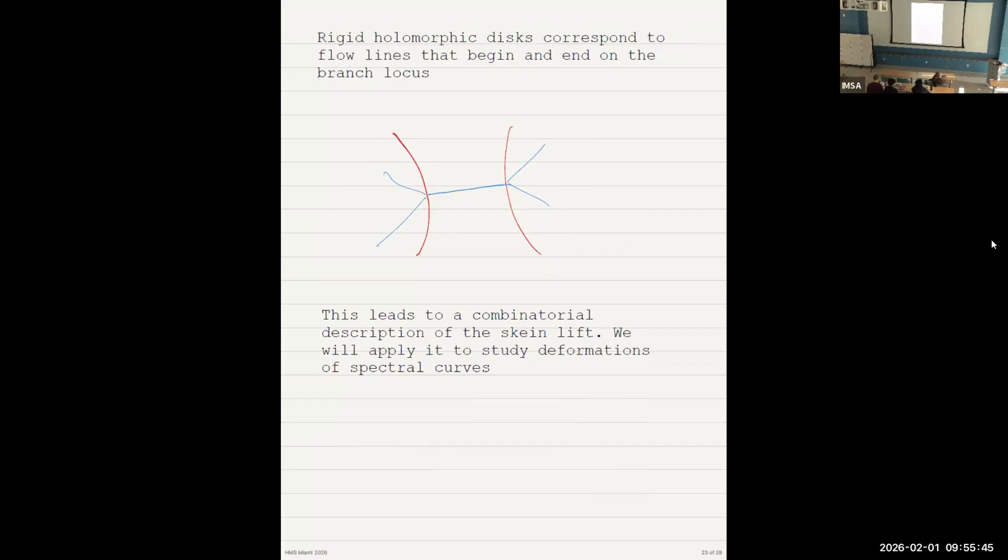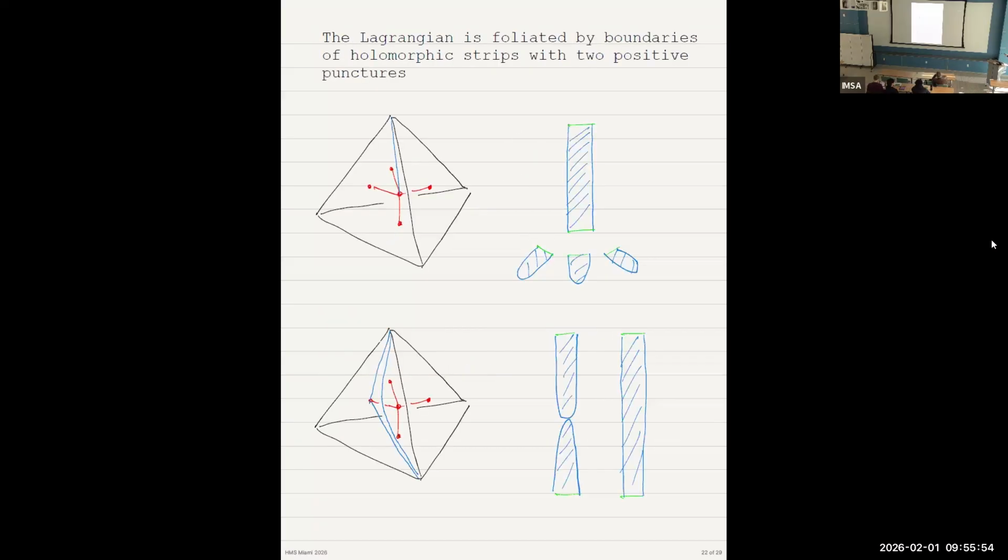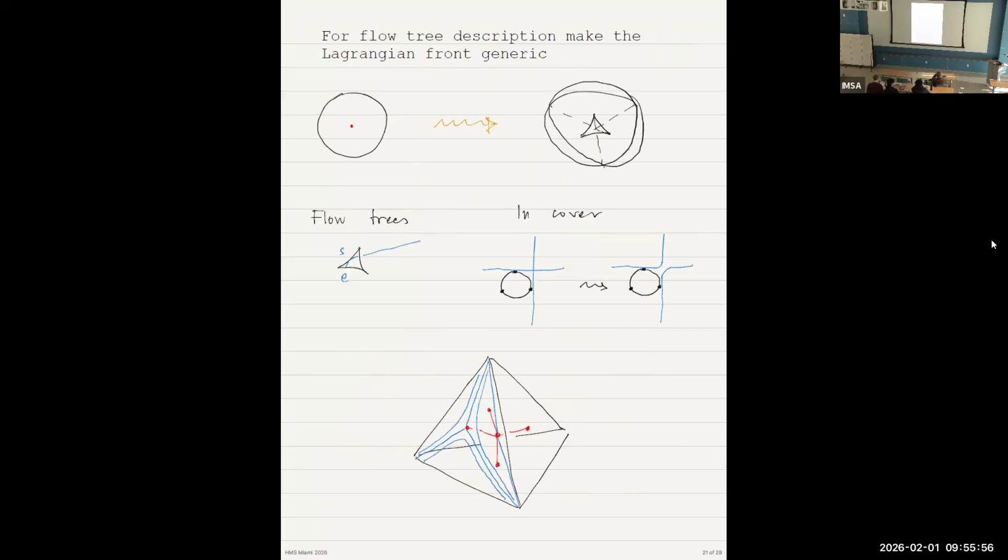But for us, the most important thing that we're going to keep track of are the disks that appear. If you think about this picture, from each red dot there are three flow lines going off. So there are three such end sweeps. It's C3 symmetric.